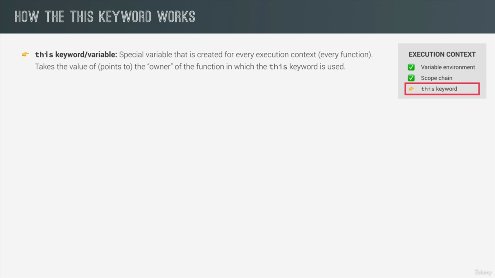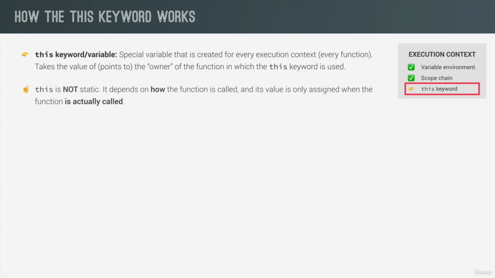Now, in general terms, the this keyword will always take the value of the owner of the function in which the this keyword is used. We also say that it points to the owner of that function. And that sounds very abstract, but we will see what that means in a second. For now, what's very important to understand is that the value of the this keyword is not static, so it's not always the same.